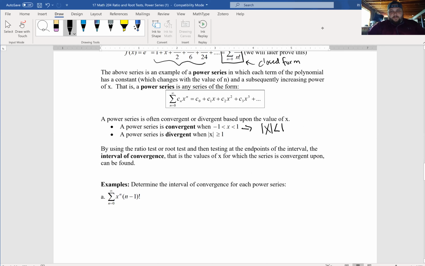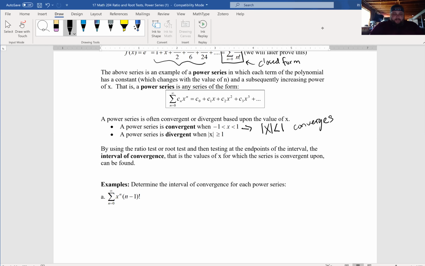So notice, if that's for convergence, where else have we seen something less than 1 gives us convergence? P series. I think you're thinking of the geometric, right? Yeah.